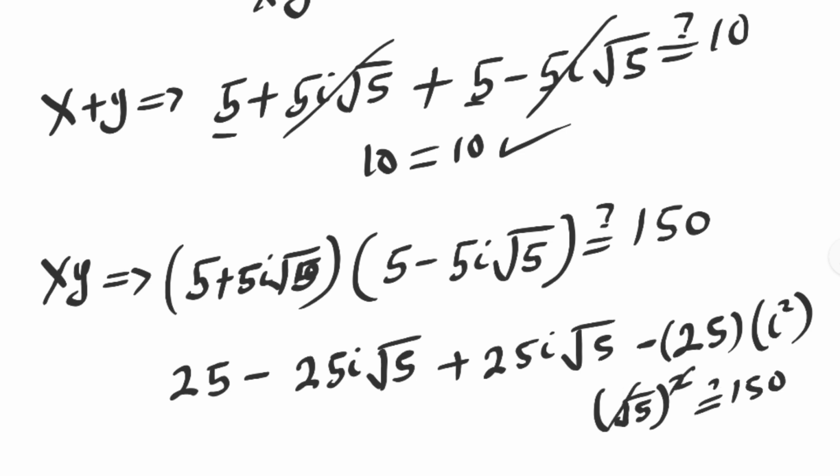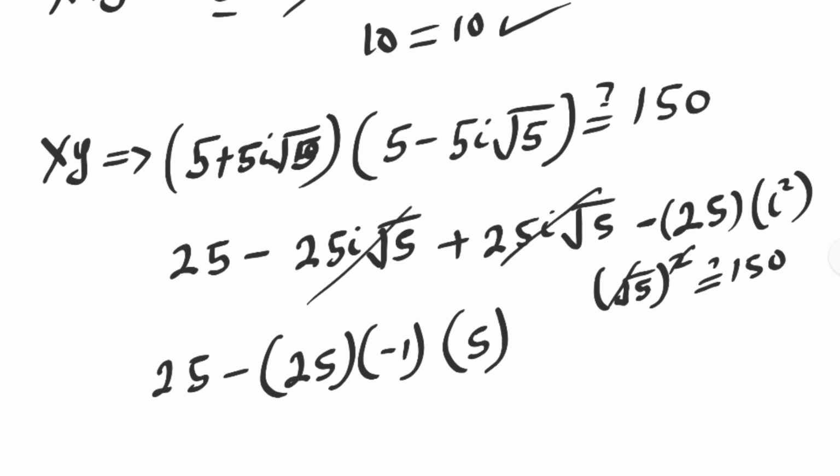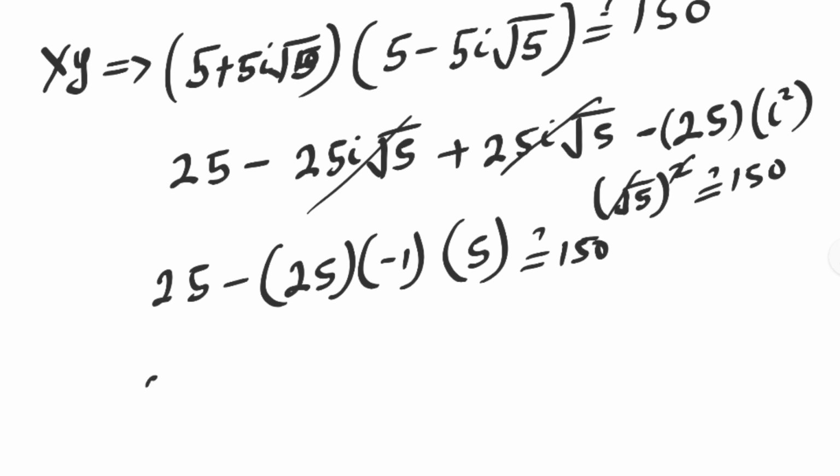This cancels this, square root. This cancels this. 25 minus 25 multiplied by i square, which is minus 1, multiplied by 5, must be equal to 150. 25 times minus 1 is minus 25.